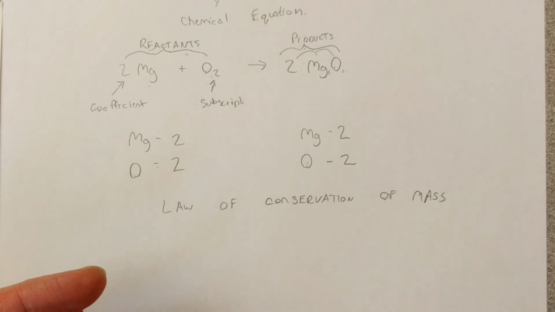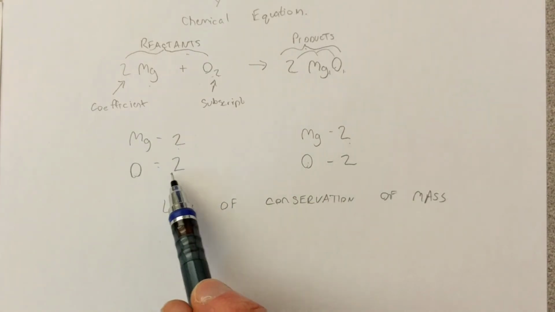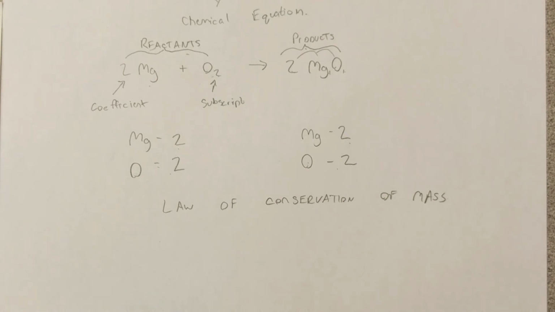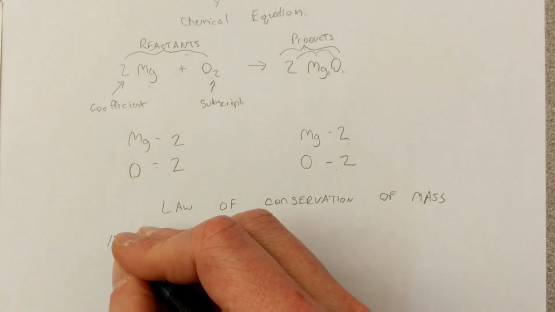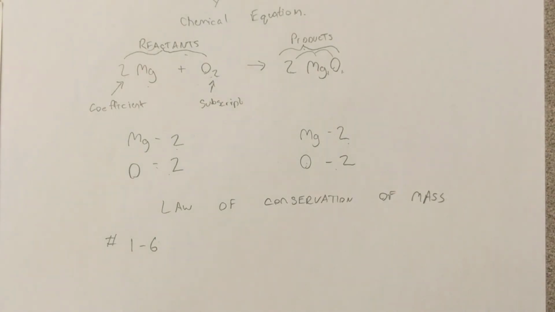And we know it is not being created or destroyed because I start with 2 magnesiums, I end with 2, I start with 2 oxygens, and I end with 2. At this point, you should be able to answer numbers 1 through 6 on your study guide. So if you need to stop the video, you should do that and answer them now.